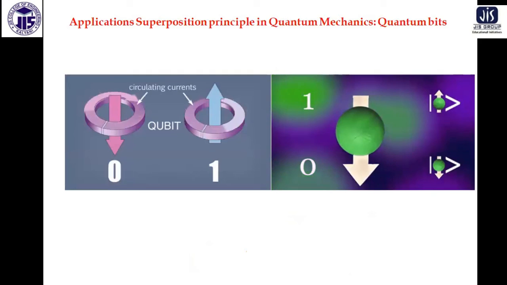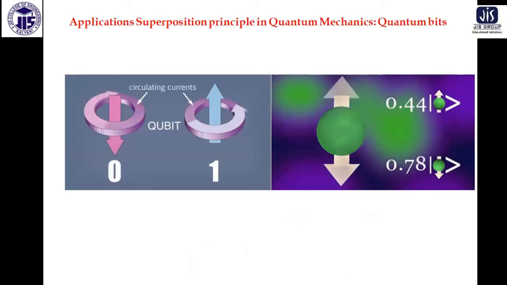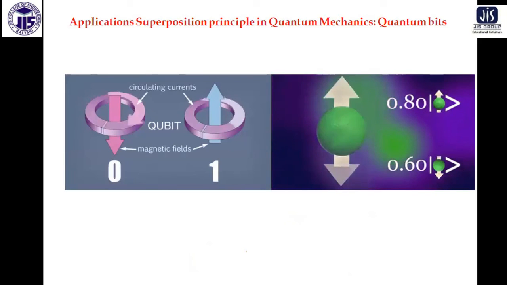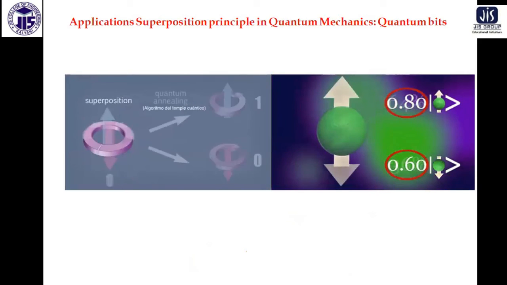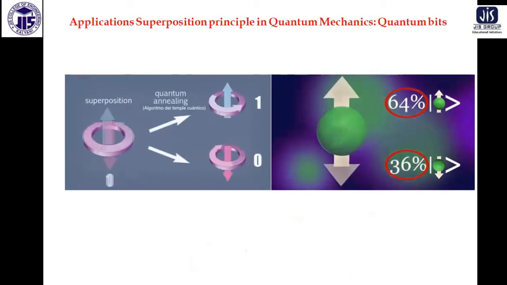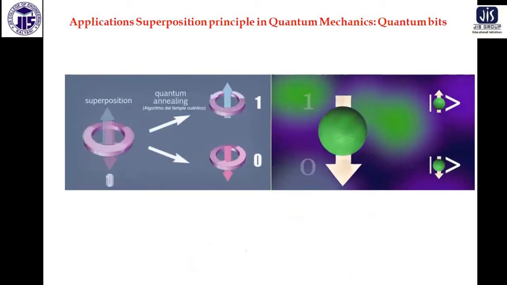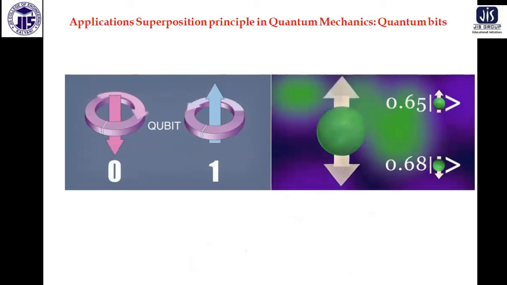You see 0 means the up spin state, 1 means the down spin state, and all their mixtures. You see the combination is changing. Circulating current will produce a magnetic field. According to the Biot-Savart law, if current flows in a circuit, you will get an axial magnetic field.